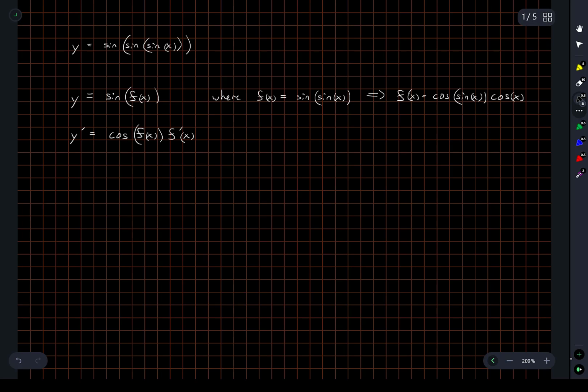All right. Now, to finalize everything, I'm going to group all these things together. I'm going to substitute in what f of x is. I've defined f of x as sine of x.